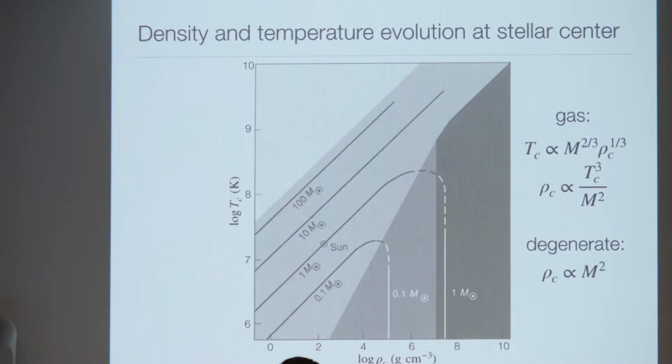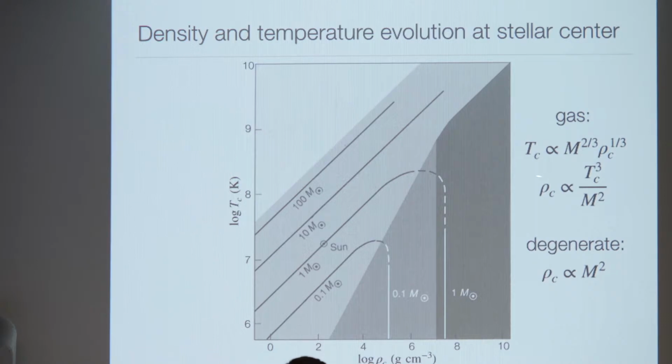That's how the sun is supposed to evolve. Here was the sun, in the same diagram, and as I said, the sun can only move in this ideal gas pressure dominated region. So it goes like this. This is the 1 solar mass line.